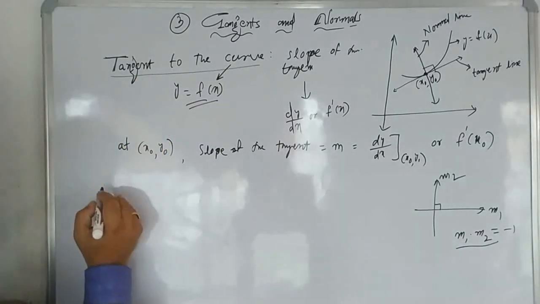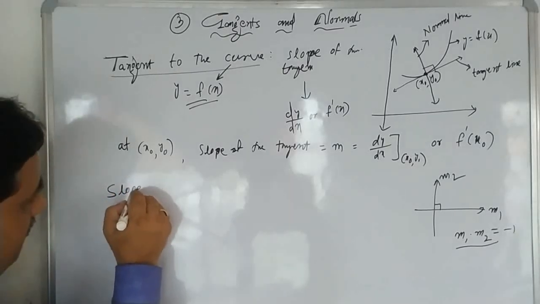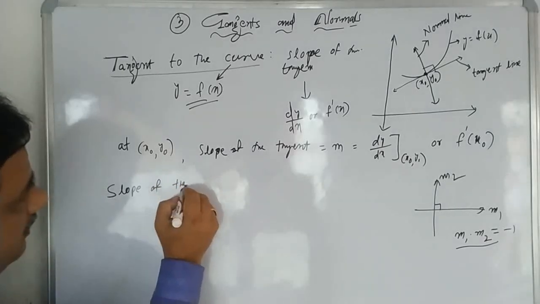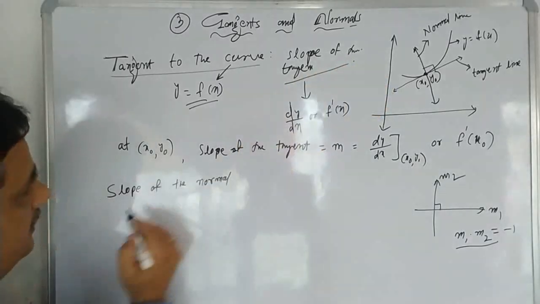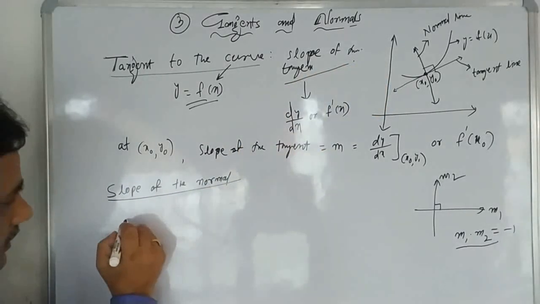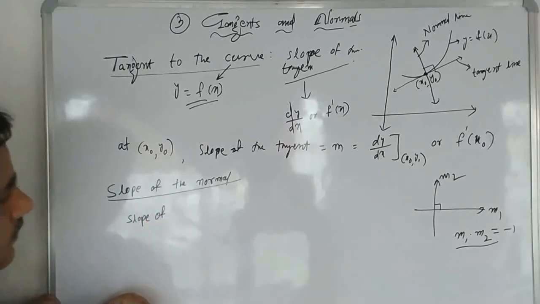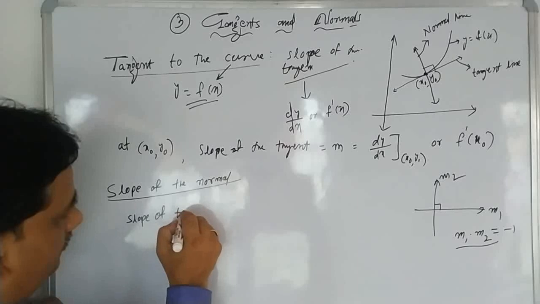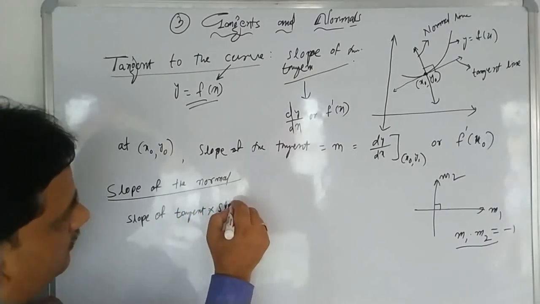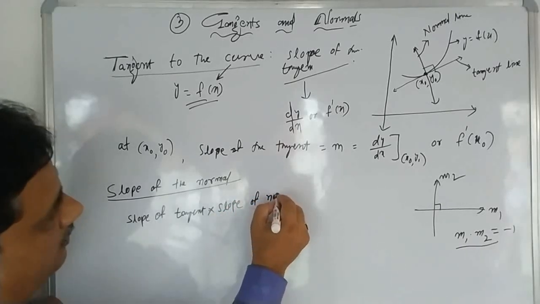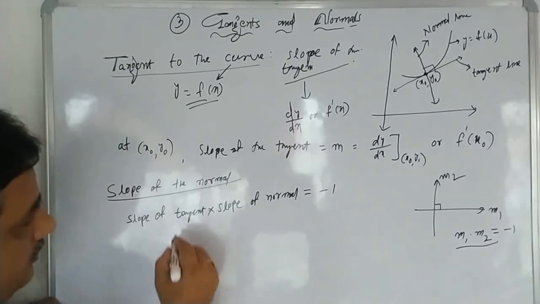Hence, slope of the normal, how to find? Slope of tangent into slope of normal is equal to minus 1, as they are perpendicular to each other.